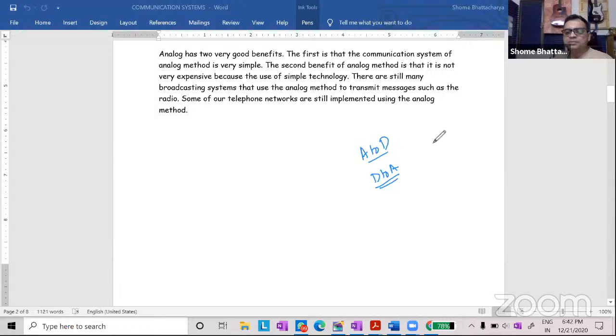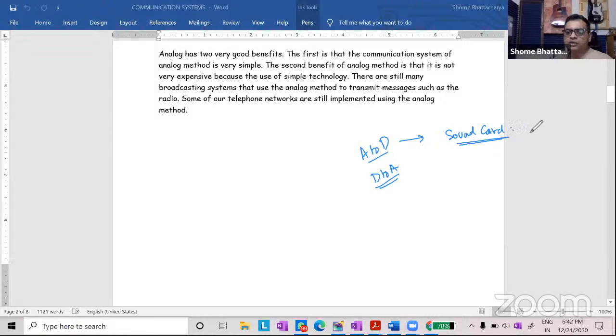So a very simple example of A to D is a sound card. This is the function of the sound card, whether it is the onboard sound card on your motherboard, or an external sound card that you're using via USB or Firewire or anything.